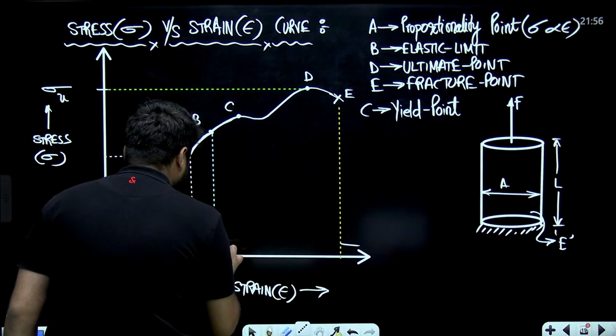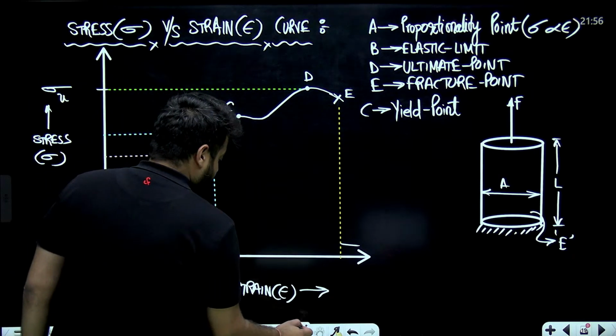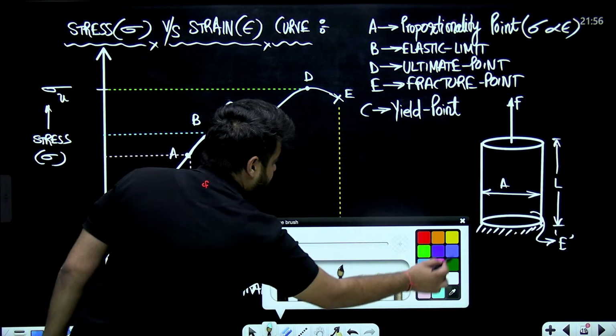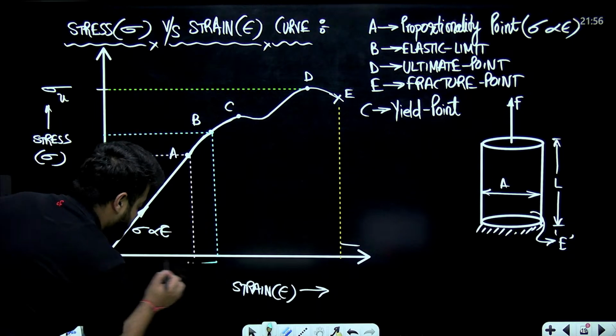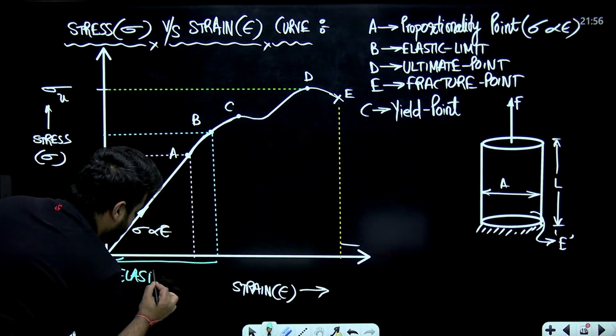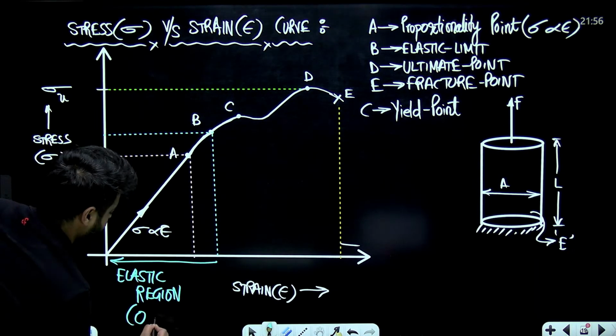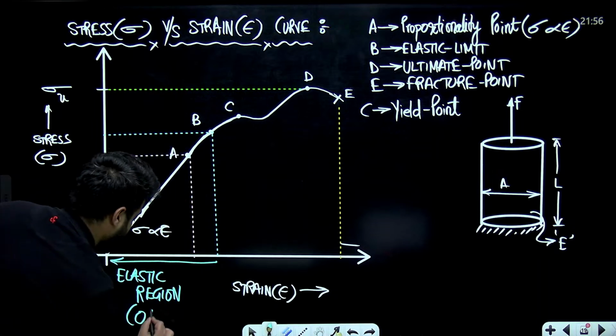Till this point, till this B point, the elastic limit point, the best part is this is the elastic region, from O to B. Okay, OB region.